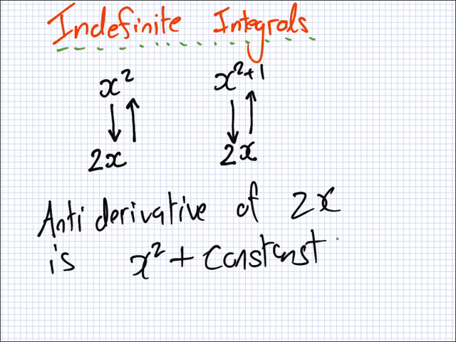We don't know what that constant is. We just know that there's a constant we could have lost. Okay? So, by looking at all the rules we've done last week, we can produce the reverse. We can make them opposite, so to speak. But just before I do that, a little bit of notation.